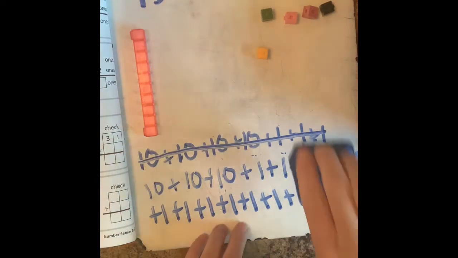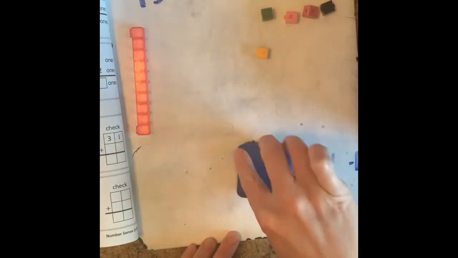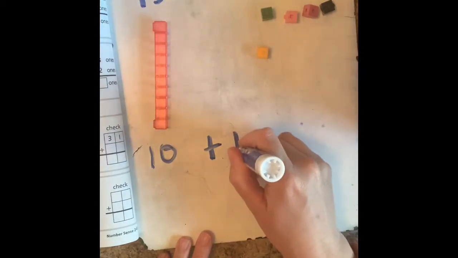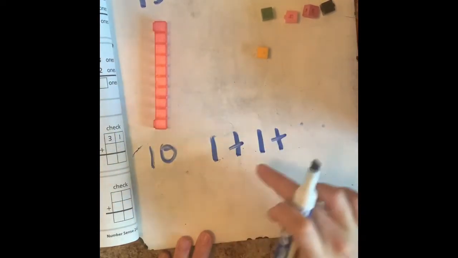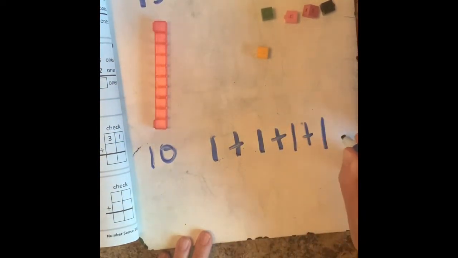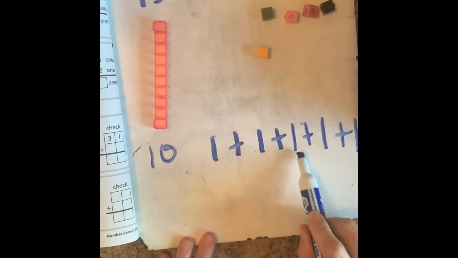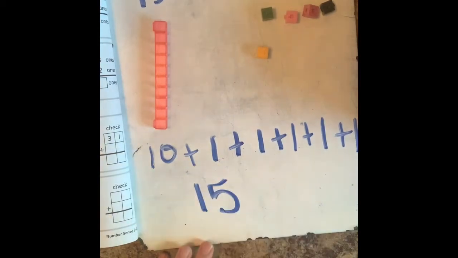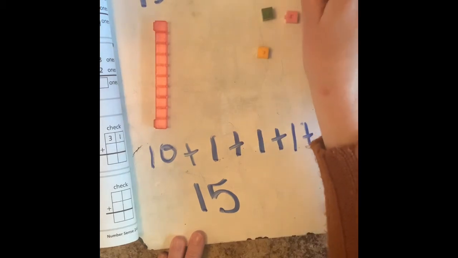So I have 1 ten plus 1, 2, 3, 4, 5 ones. So I have 10 plus 5 ones, which makes 15. So 43 minus 28 equals 15.